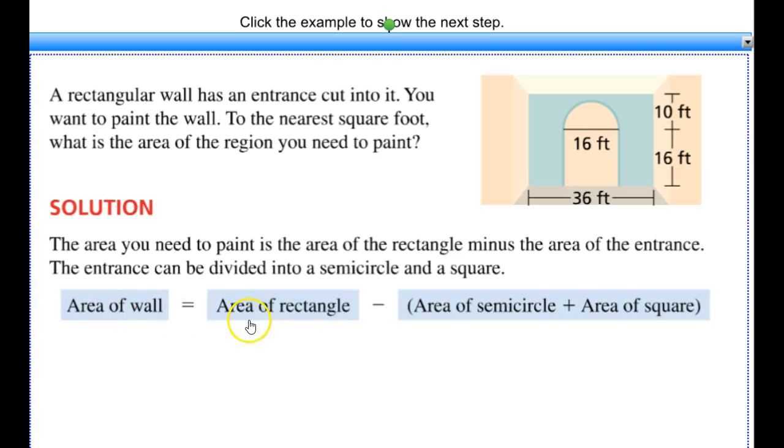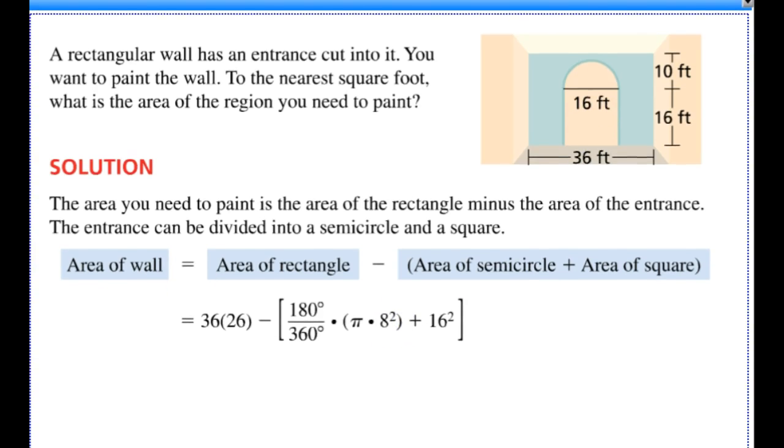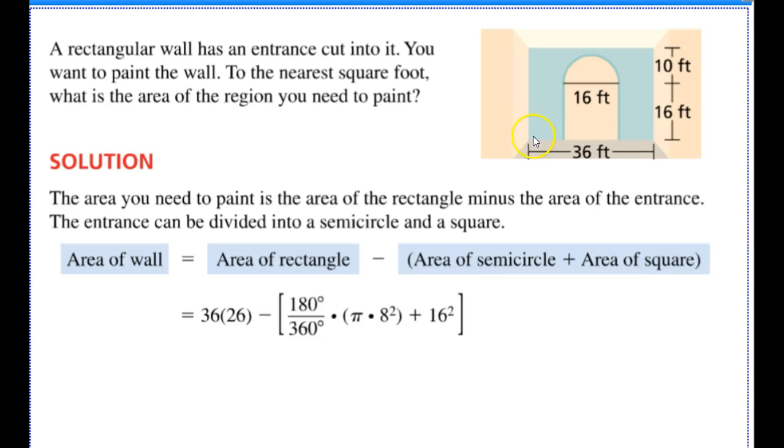So the area of the wall is the area of the rectangle minus this semicircle, right? So remember, semicircle is a half of a circle, and this area of this little square. So now I can plug in the things that I know. So to find the area of my entire rectangle was 36 times 26 minus my semicircle, right? I need to find the area of the semicircle, which is half of a circle.